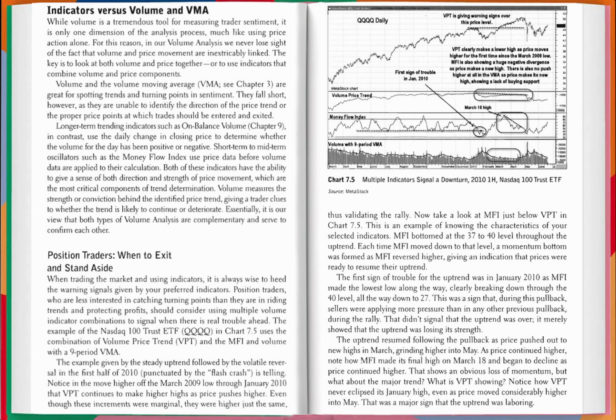Both of these indicators have the ability to give a sense of both direction and strength of price movement, which are the most critical components of trend determination. Volume measures the strength or conviction behind the identified price trend, giving a trader clues to whether the trend is likely to continue or deteriorate. Essentially, it is our view that both types of volume analysis are complementary and serve to confirm each other.